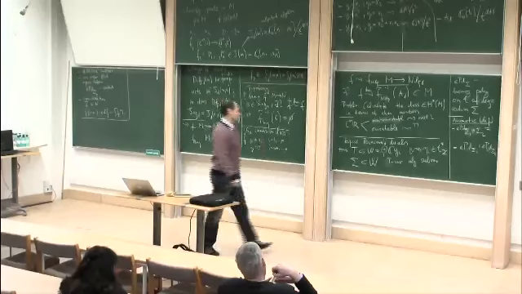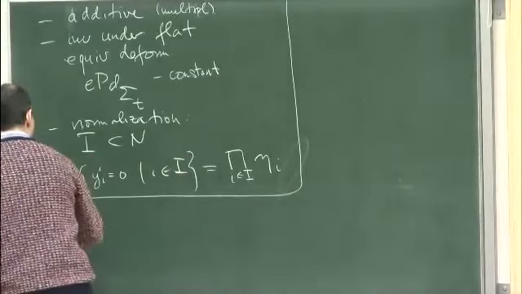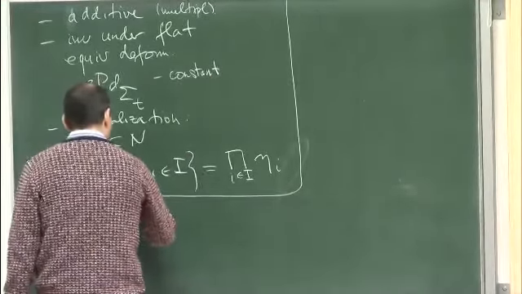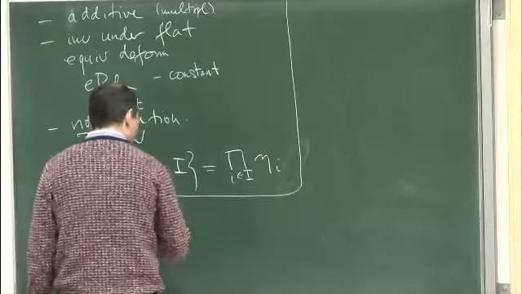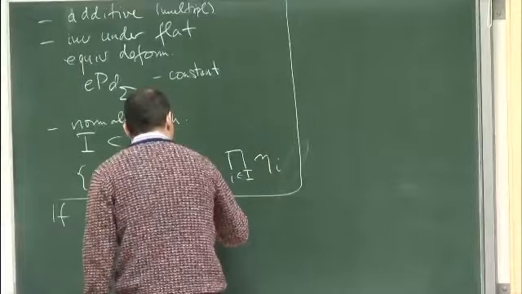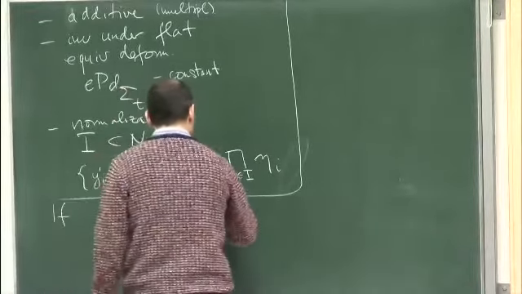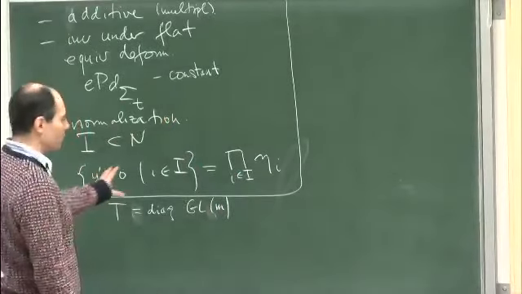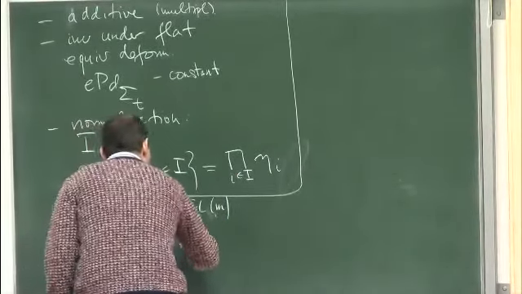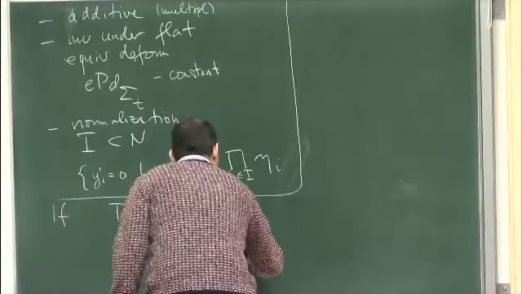What will be true, so there's just one little technical thing: if the torus is actually the diagonal matrices in GL_M, and suppose sigma is now everything GL_M invariant.